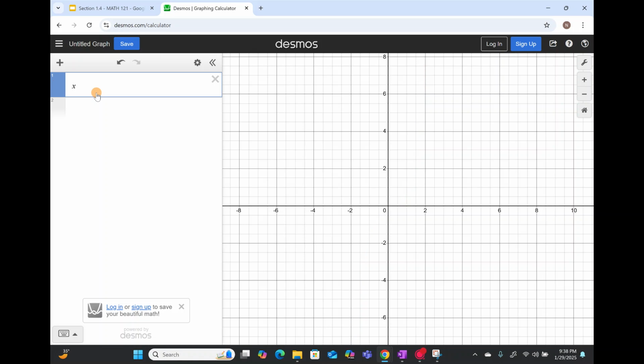By the way, I'm not sure how to enter the cube root in Desmos, but one trick is the cube root of x is the same as x to the 1/3. Similar to how the square root of x is equal to x to the 1/2.